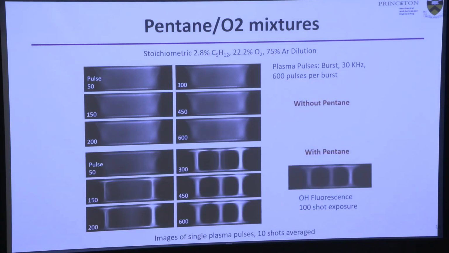Now, this is the figure I showed you. Even if you change to pentane, and pentane has a lower temperature chemistry, in that case you see that without plasma, everything becomes uniform. But with plasma, the instability gets even stronger.